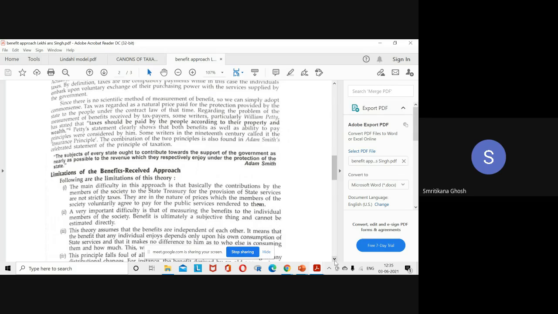You may think that if I have a road in front of my house, it will benefit me. But there may be some people in your locality who think that if a very busy road is in front of my house, it will disturb me, because there is always the sound of vehicles and everything, and pollution is also there.